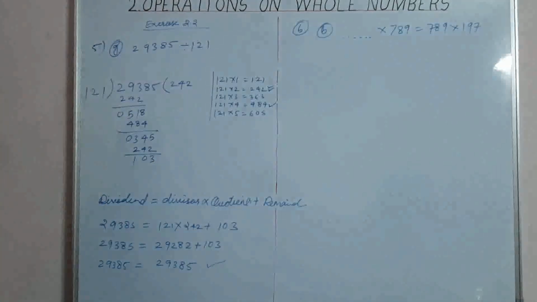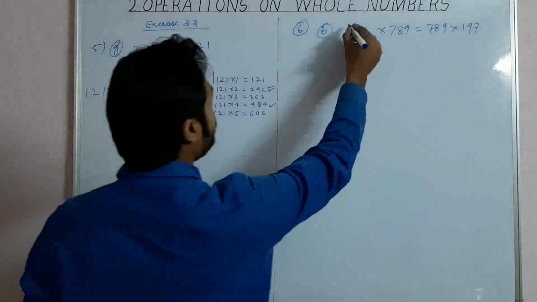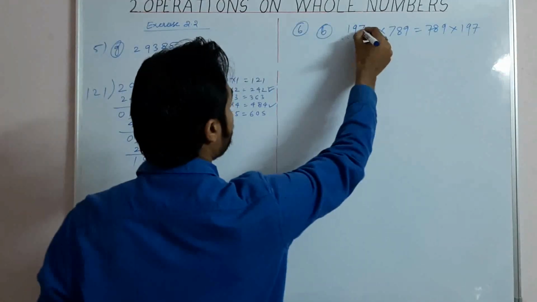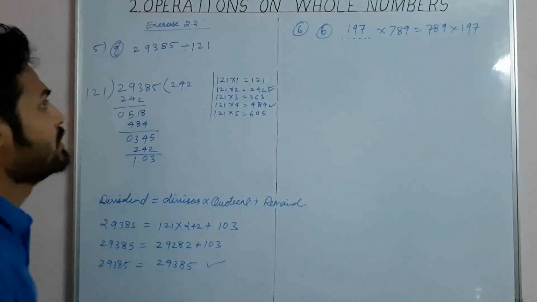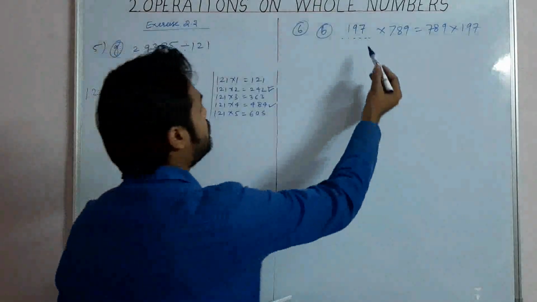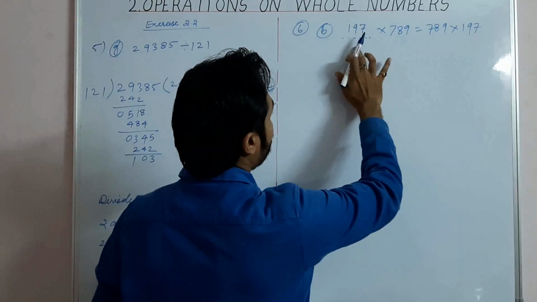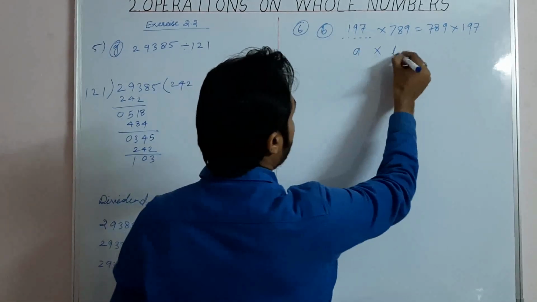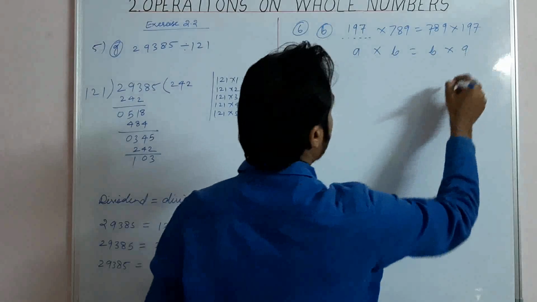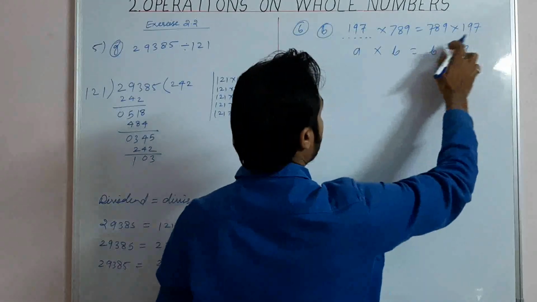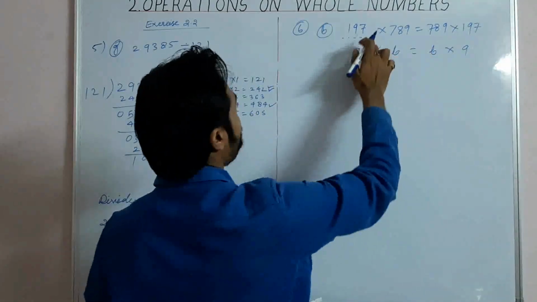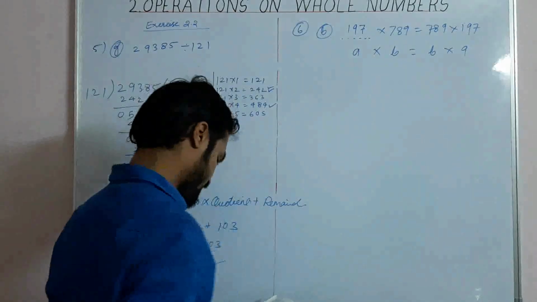The missing number will be 197, using the commutative property of multiplication. A into B equals B into A. So this is A, this is B, this is B, so this must be equal to A.